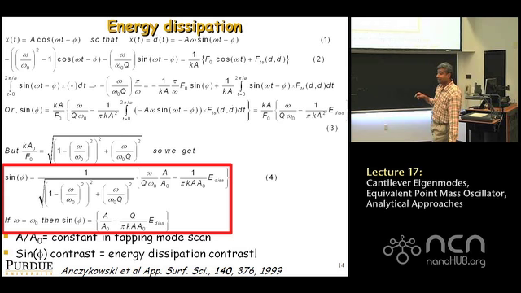Sine times cosine of the same argument is sine 2 theta effectively divided by 2. If you integrate that over 0 to time period, you're going to get 0. So it turns out that when you multiply by sine(omega t minus phi), the first term goes to 0. The second term is non-zero because now you're multiplying sine(omega t minus phi) to itself. You get sine squared. Whenever you get sine squared and integrate, you get a non-zero term out of it.